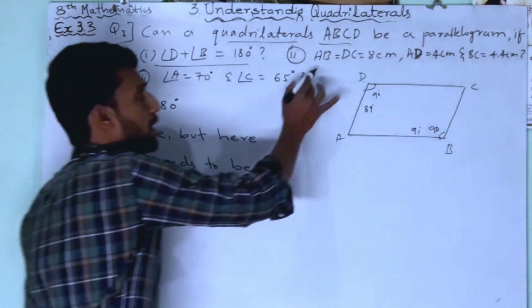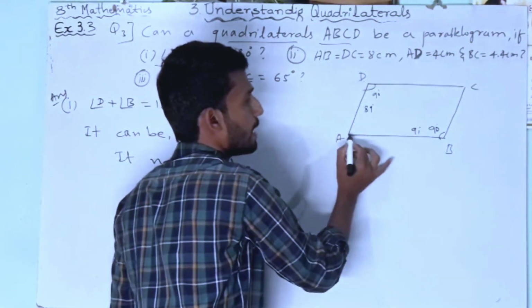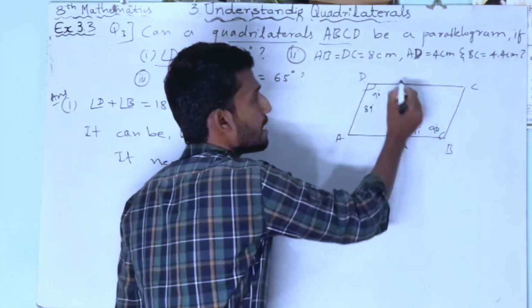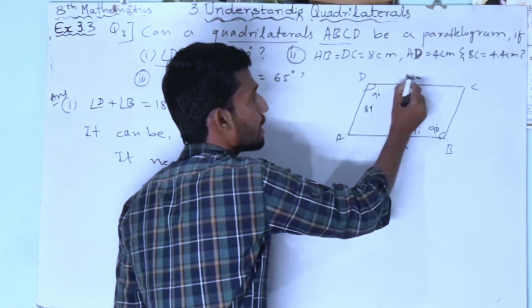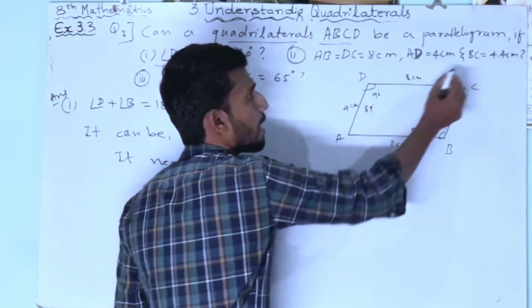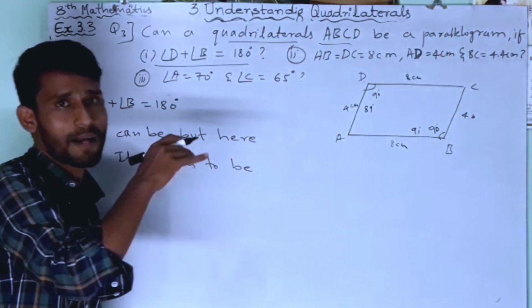Next question, AB is equal to DC is equal to 8 centimeters. Here AB is 8 centimeter and DC is also 8 centimeter. AD is 4 centimeter, and BC is 4.4 centimeter. Is this a parallelogram?